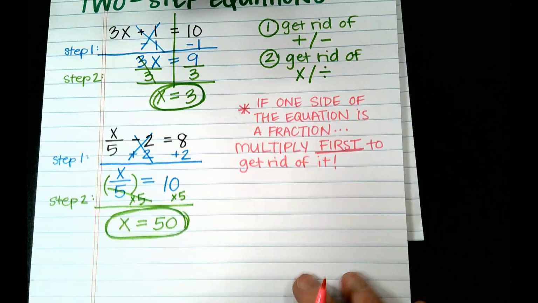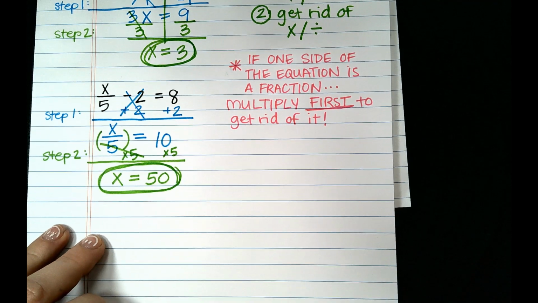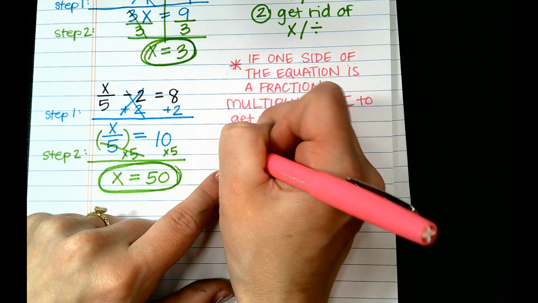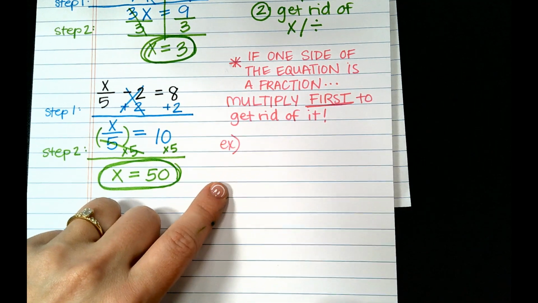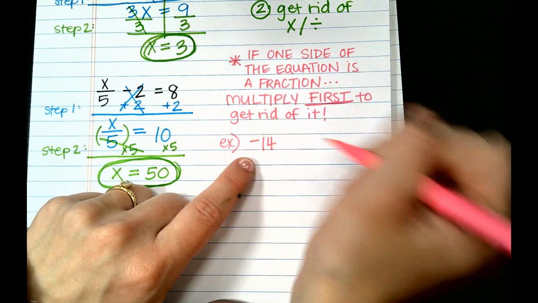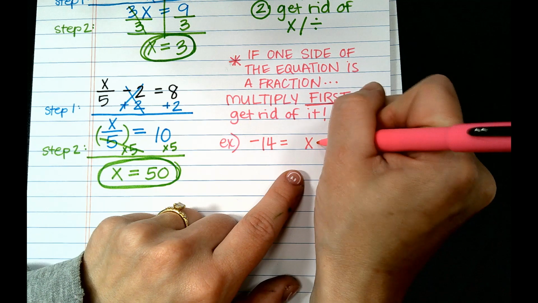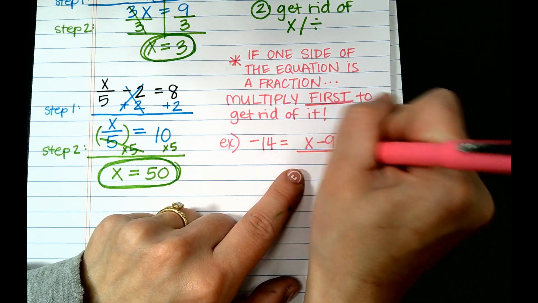An example on our paper here, and I'm going to use that number 4 that we were about to start working on: negative 14 equals x minus 9, all of that over 2.